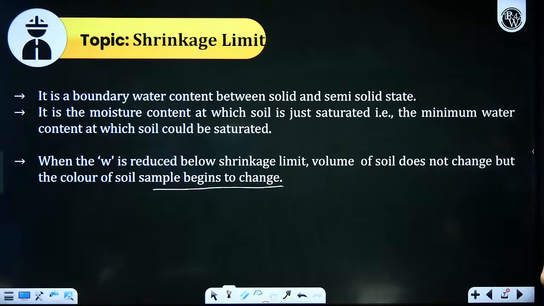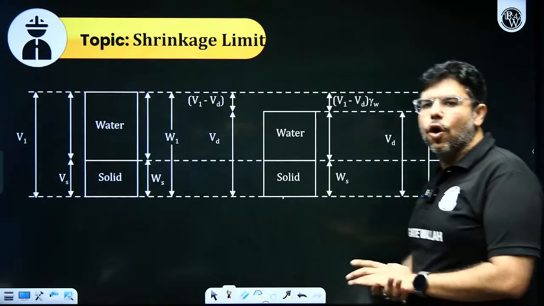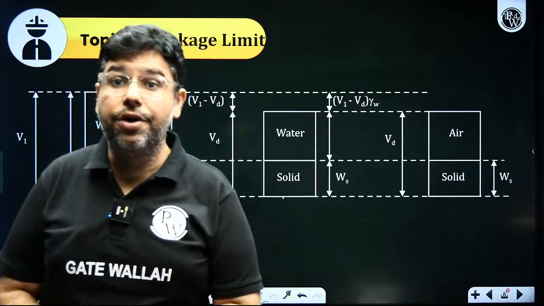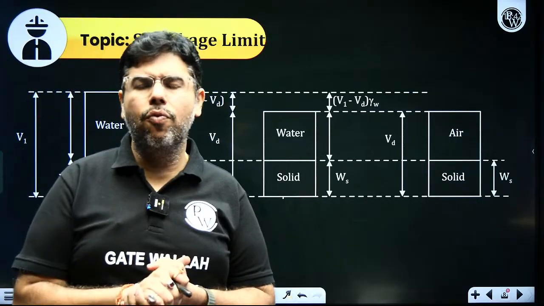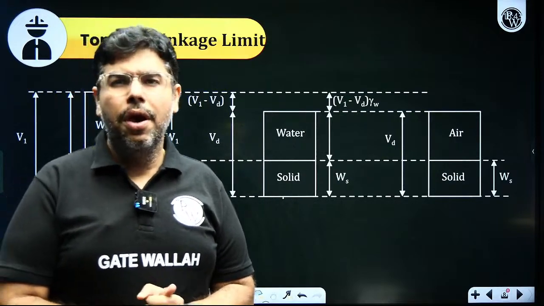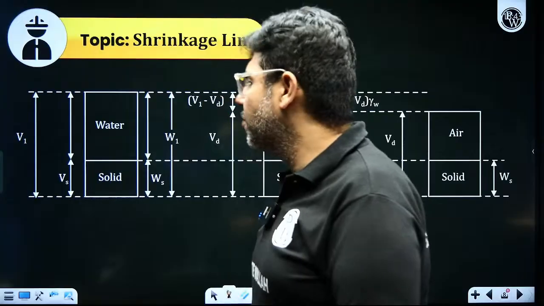Let us see what you will do here. In the shrinkage limit test, first we will take a soil and oversaturate it. We will add water to make a soil paste, but the soil will be oversaturated. And we will measure the volume of the soil.